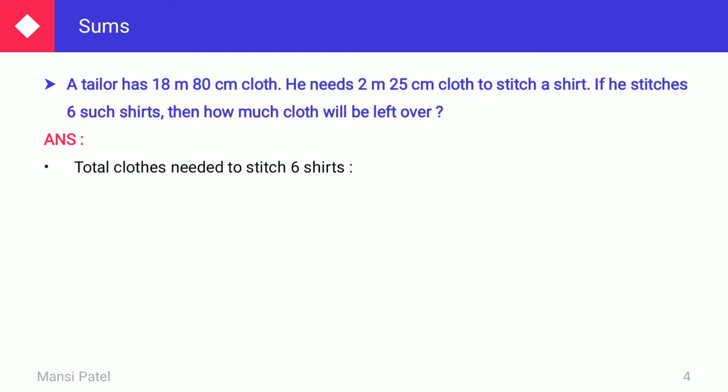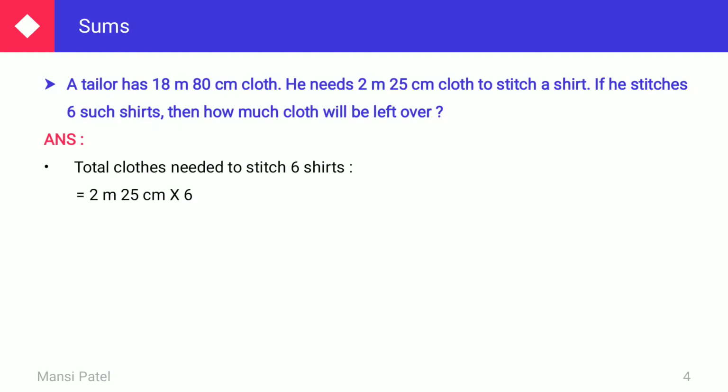So see here, they were given the cloth needed for one shirt, and from that one shirt we have to find out the cloth needed for 6 shirts. So here they were given the measurement for one thing, and we have to find out many things. Therefore we have to do the multiplication.